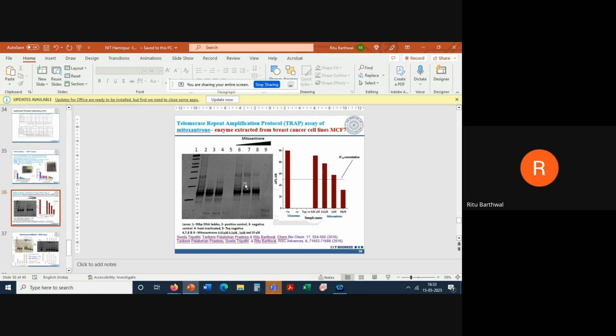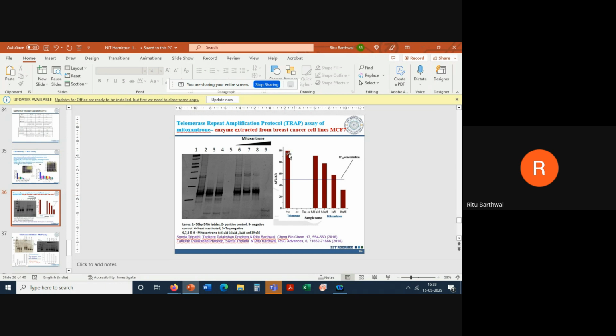Then you add different concentrations, and you can see here it stops telomerase, which means it is not replicating any further now. So it is because of G quadruplex DNA, because of the human telomere. This assay needs to be done to be sure that your compound is actually binding to G quadruplex DNA in vivo, in the living system, and that's how it is killing the cells.